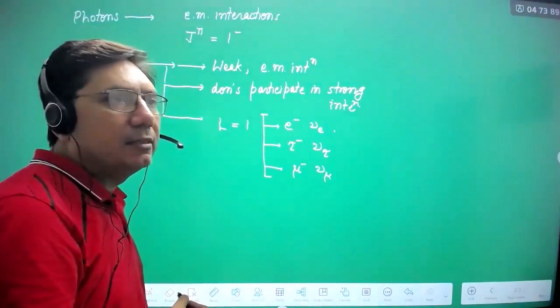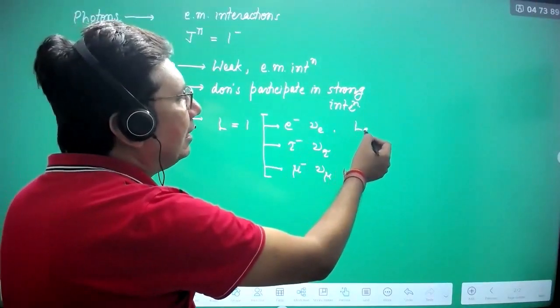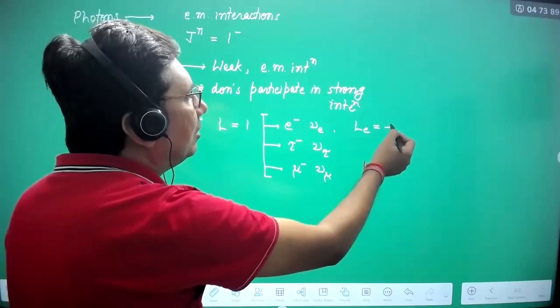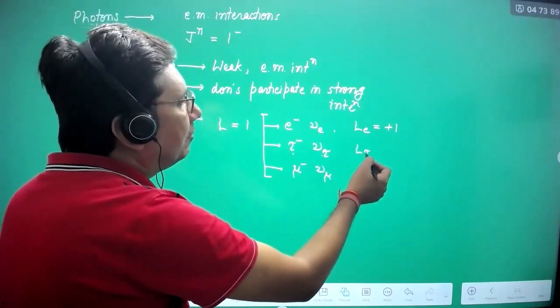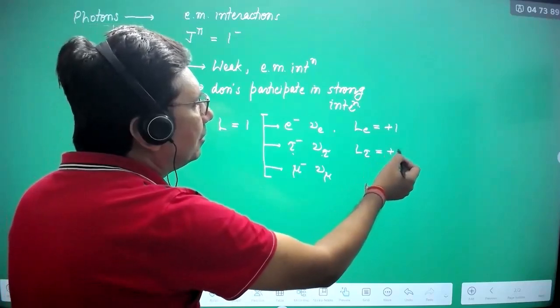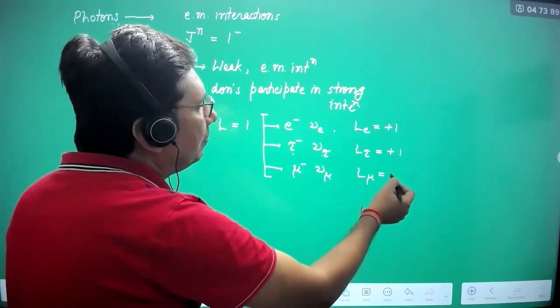For this family, a new number is given, that is electron lepton number, that will be +1. For this family, L tau number will be +1. And for this family, L mu, this number will be +1.